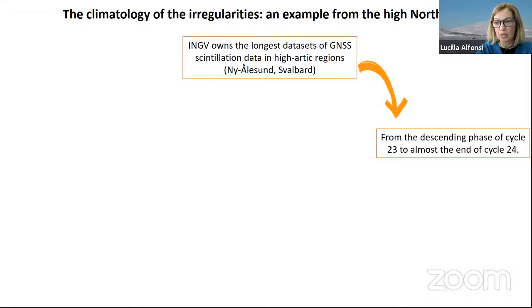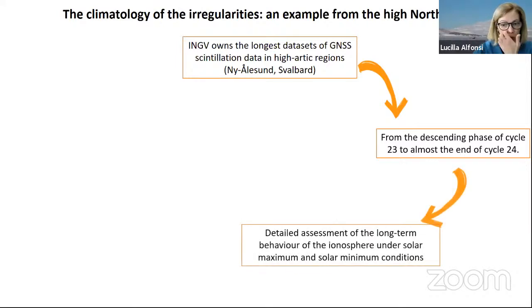So at a certain point, close to the end of solar cycle 24, we decided to analyze the entire data set and to try to extract a detailed assessment of the long-term behavior of the ionosphere under solar maximum and solar minimum conditions.